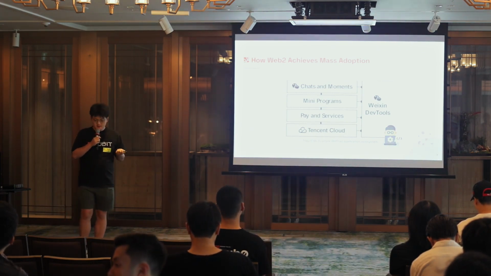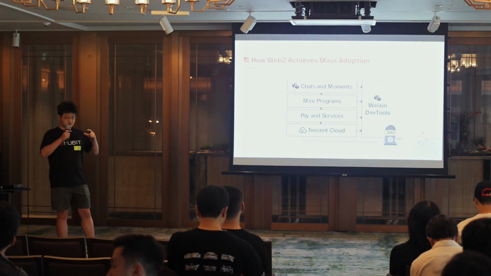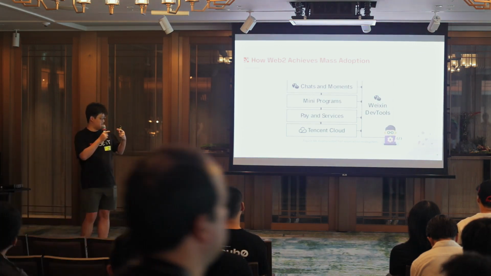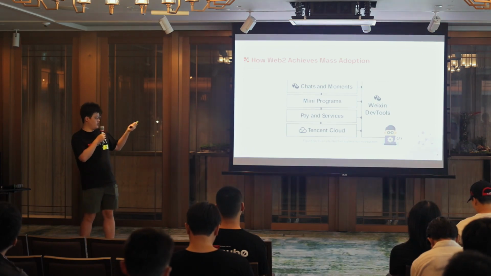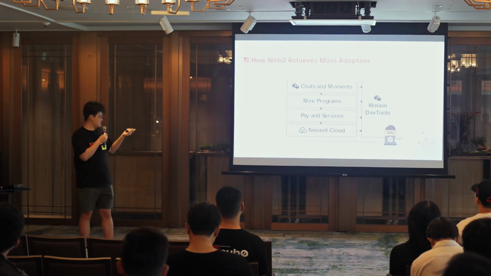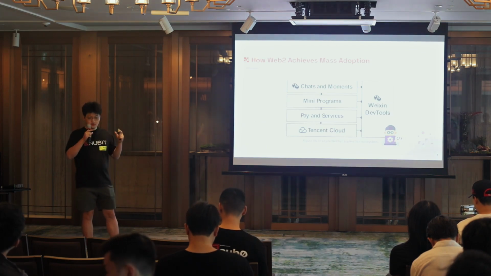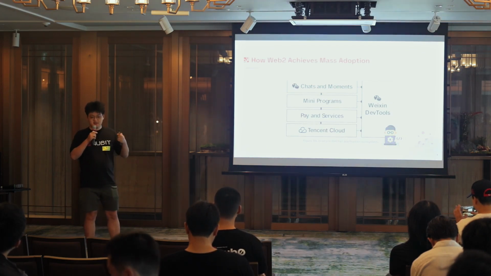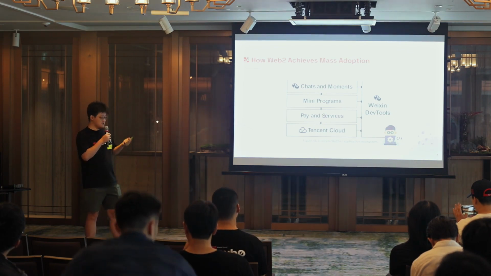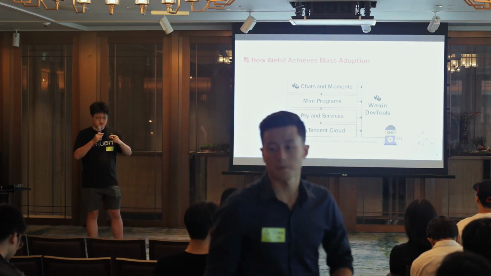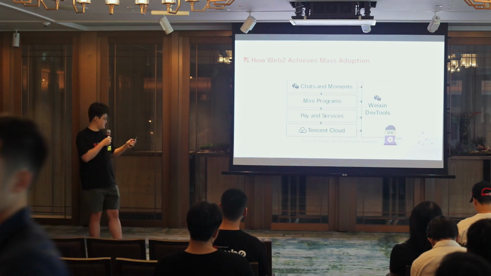And more importantly, it encapsulates all these modules into an easy-to-use platform called Weixin DevTools. This Weixin DevTools allows developers to launch their applications without worrying about underlying details, such as payments and storage. All they need to do is use this toolkit to develop their own business logic.